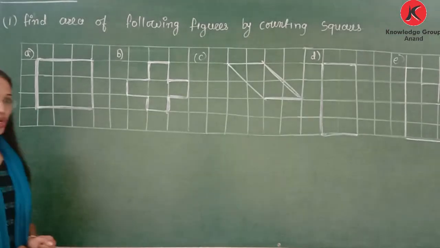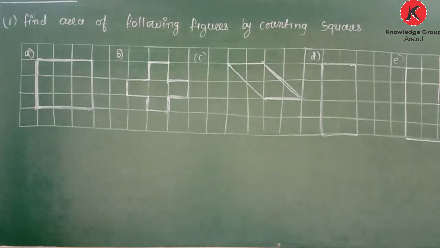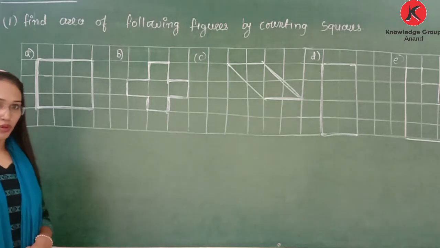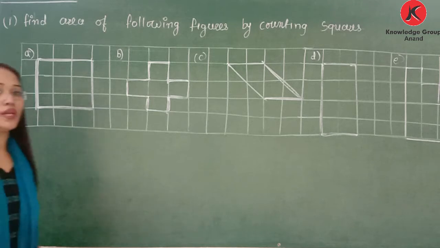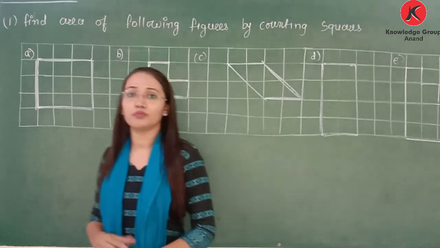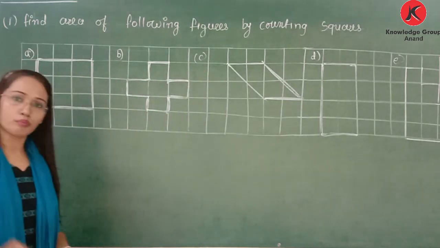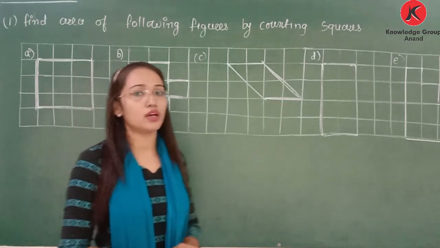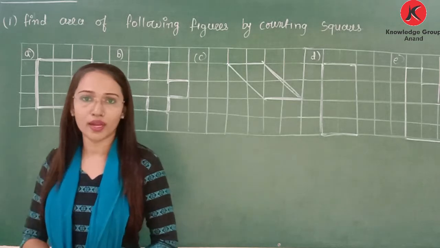So now let's solve exercise 10.2 related to finding the area of a figure using square sheet paper. Question number 1 is: find the area of the following figures by counting the squares. Again, what we learned? For finding the area using square sheet paper, we need to count the number of squares. For that, first count the number of full squares.